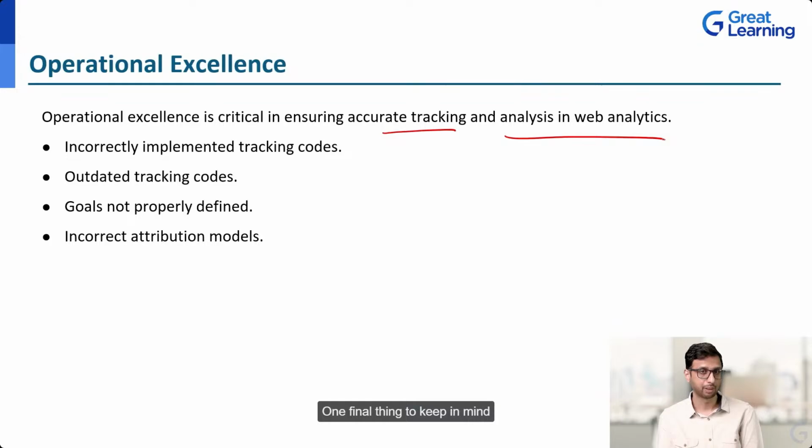One final thing to keep in mind while we are tracking and analyzing data in the context of web analytics is that this is ultimately an extension of the operational efficiency of your organization.